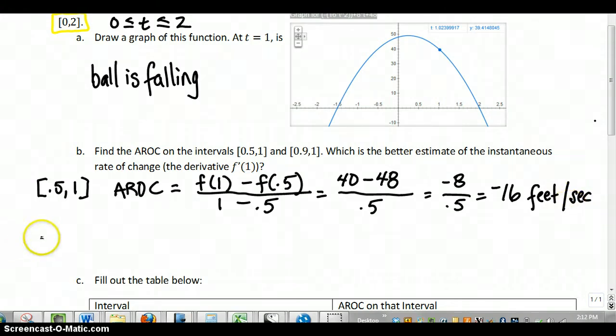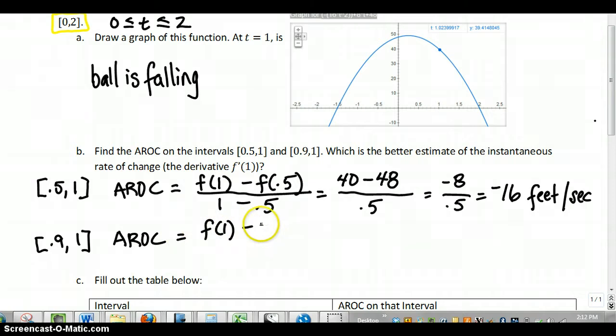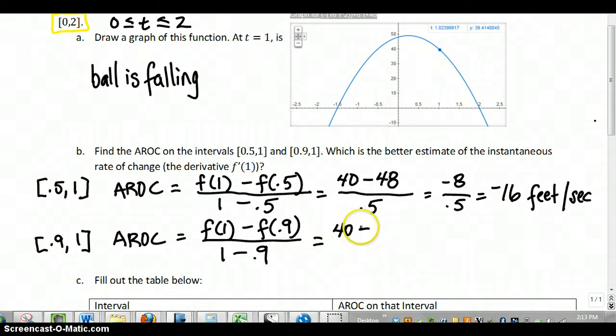We do a similar calculation for the interval from 0.9 to 1. In this case, the AROC is going to be f(1) still, but this time minus f(0.9). So this is the height drop in that 0.1 second that happens. And our difference in time here is going to be 1 minus 0.9, so we have a smaller interval of time, just 0.1 seconds. If you find f(1), that's of course again 40, since we already found that, and f(0.9) turns out to be 42.24.